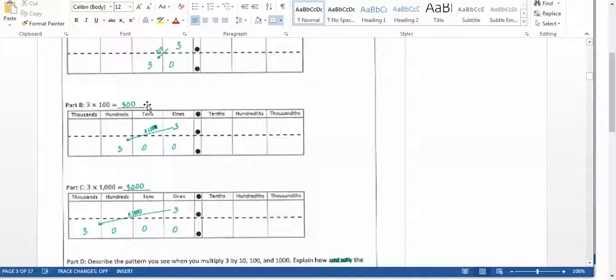So when I multiply by a number that is 10 times as large, my product is also 10 times as large, and so it slides into the next place value. What we want students to recognize and start to be building to their understanding is that every time I move one place value to the left, I'm getting 10 times larger.